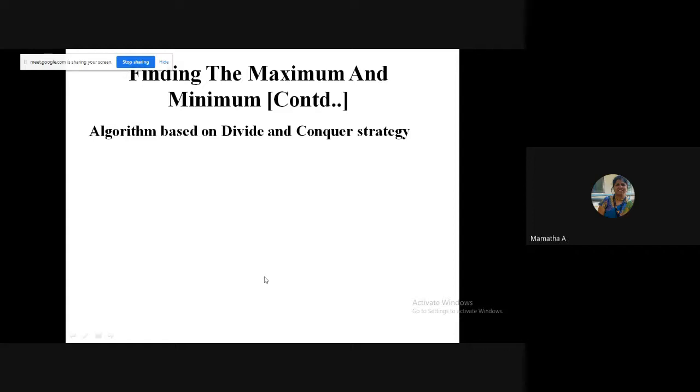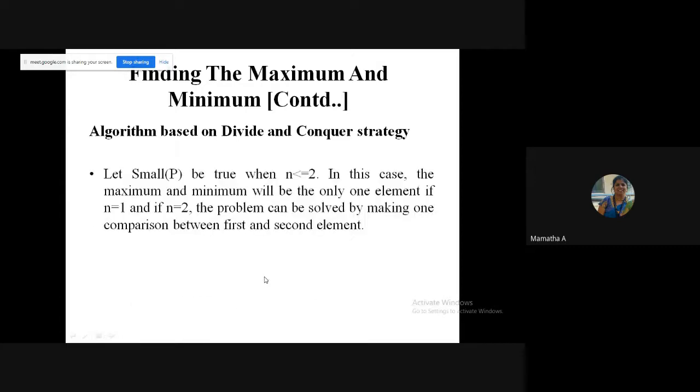So my task is, I gave you only maximum. You have to find both max and min. Before we go for division, let me find out what the smaller input is. When the array has only one element, what happens?